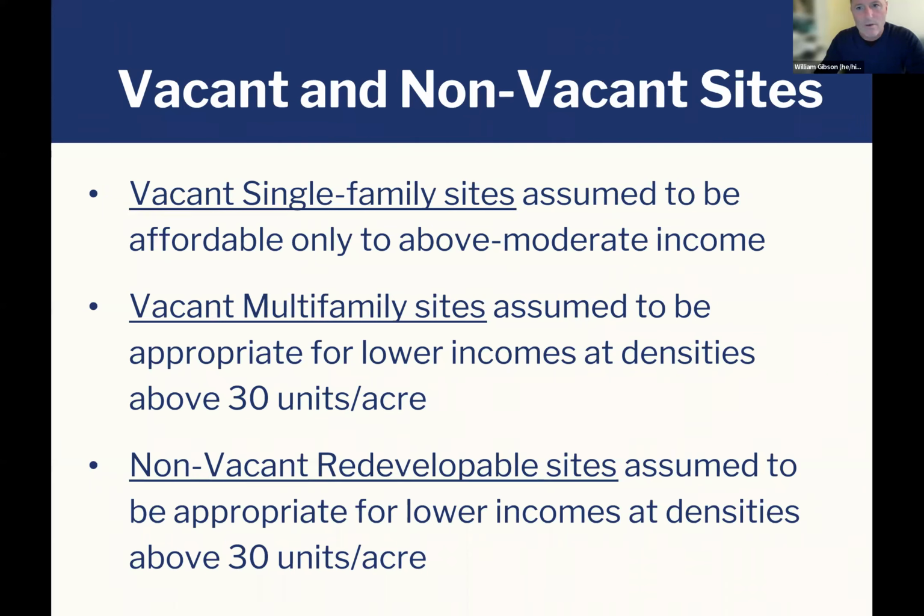So we've allocated those appropriately. And then non-vacant redevelopable sites that are assumed to be redeveloped, those are also appropriate for lower income categories if they are zoned at densities above 30 units an acre. If in either of those categories, they were not zoned at 30 units an acre or more, we assumed they were either above moderate or moderate income, and they would be developed as such.